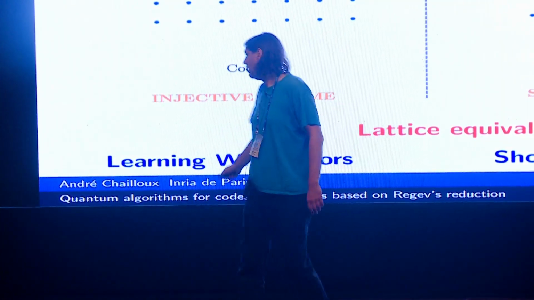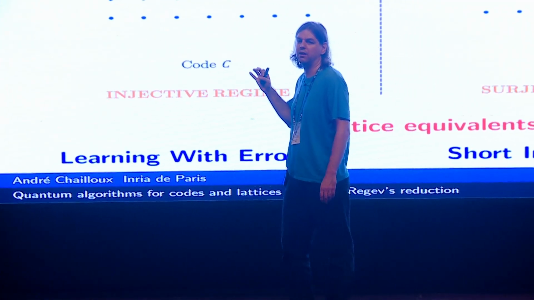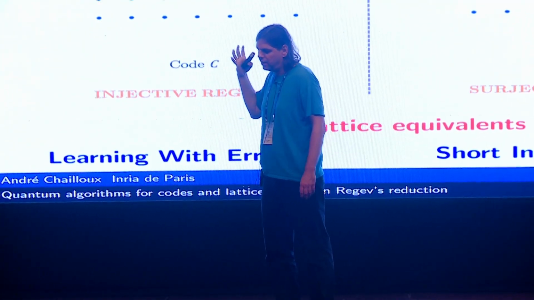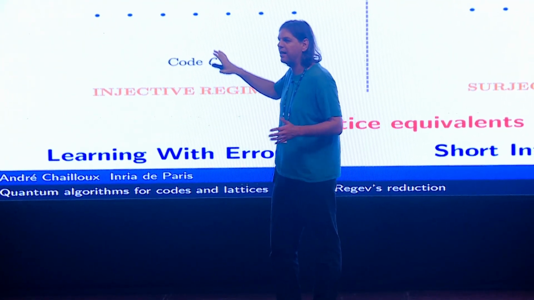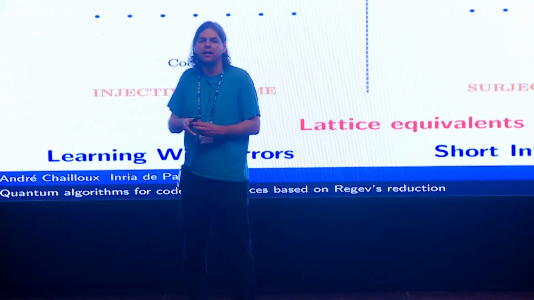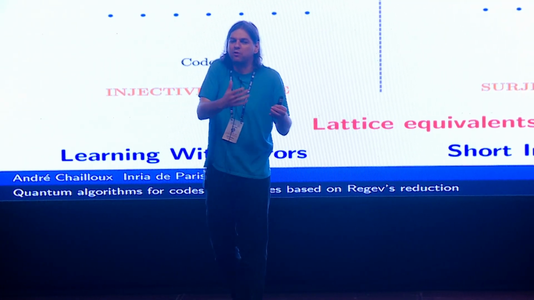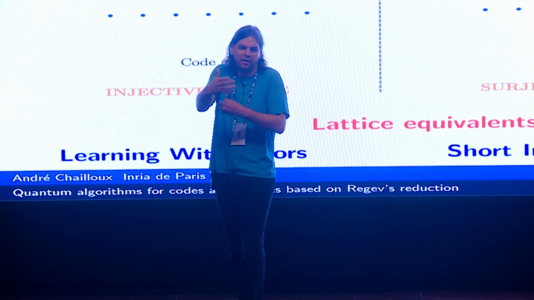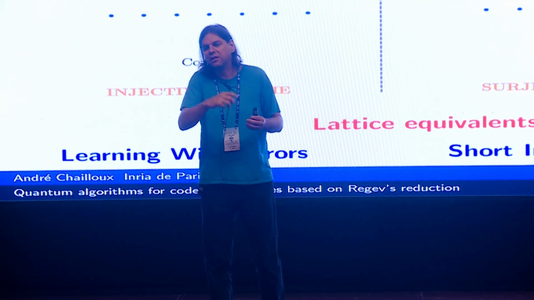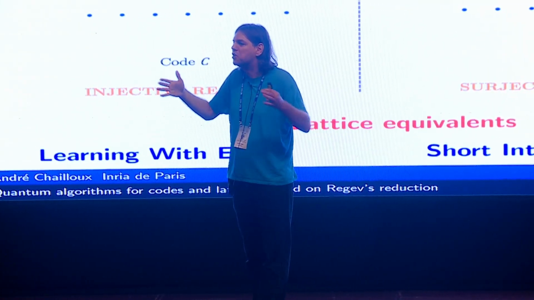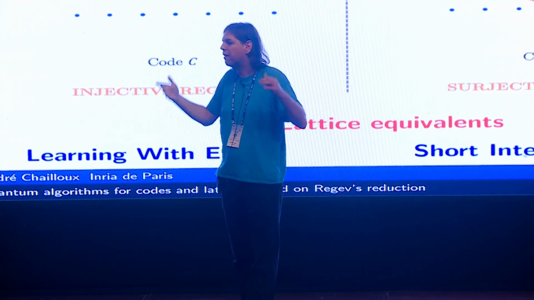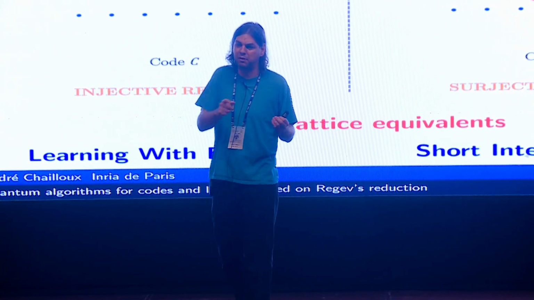So the regime this kind of approach works in is a very injective regime, so the error in the decoding problem would be much less than the maximum error that you can decode from an information theoretic point of view.